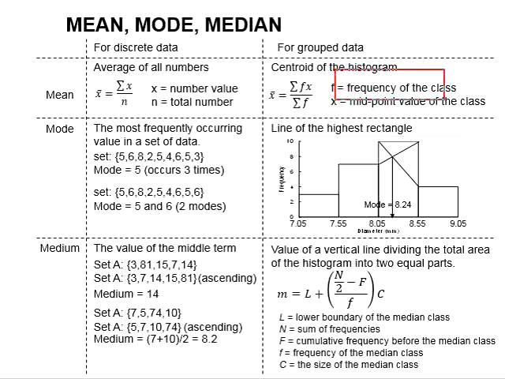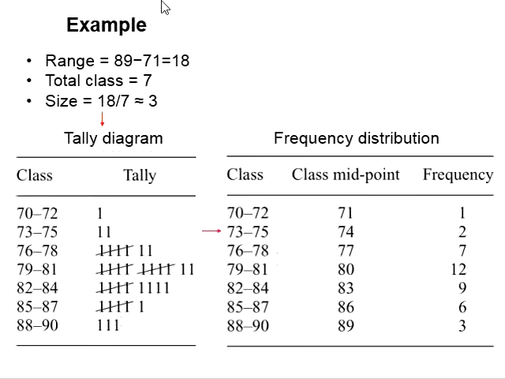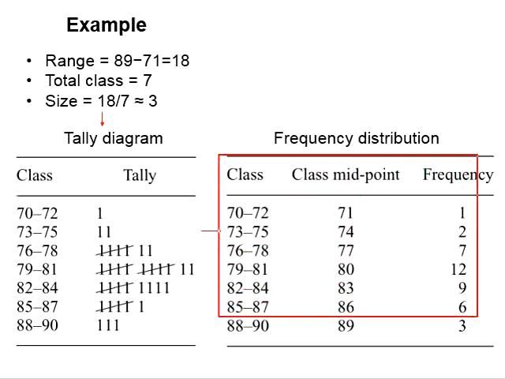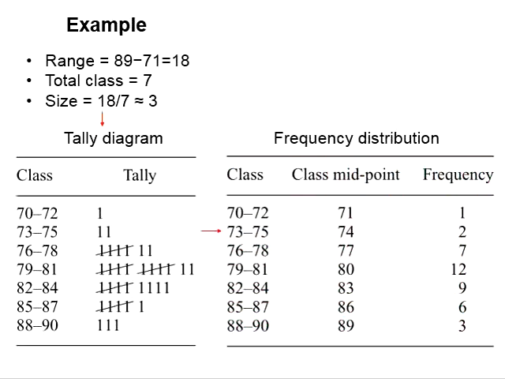The f here refers to the frequency of the class, while the x here represents the midpoint value of the class. The group data looks something like this. There are a series of classes here. You need to first determine the midpoint of the class.